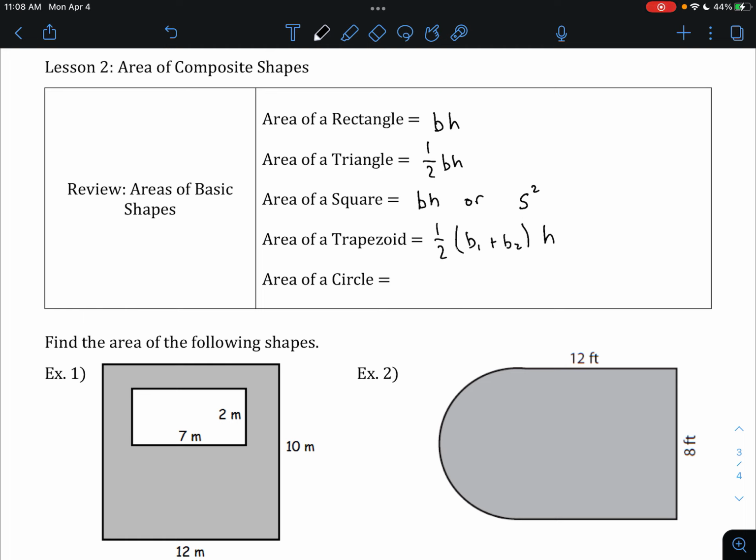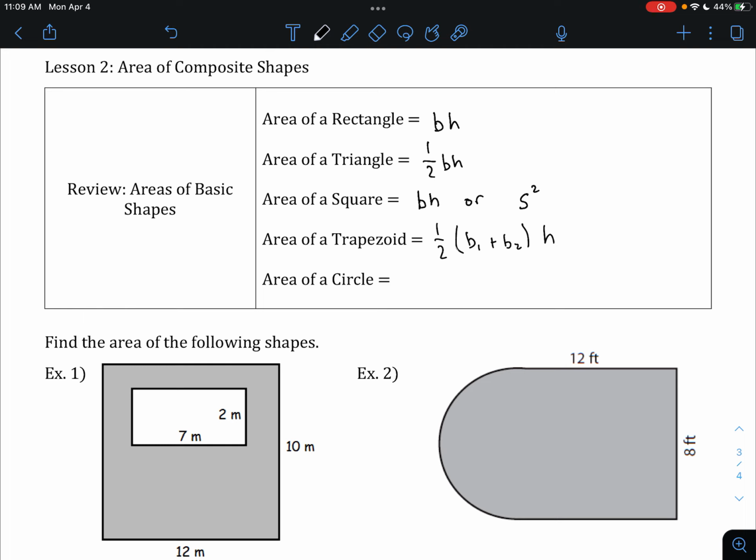And the reason that we use the two bases added together is because the trapezoid has typically two different bases. If we add them together and find the average of the base times the height, which is what this is, that will give us the area. So it's very similar to the area of a rectangle. It's just we have to find the average of the bases first because there's two bases.